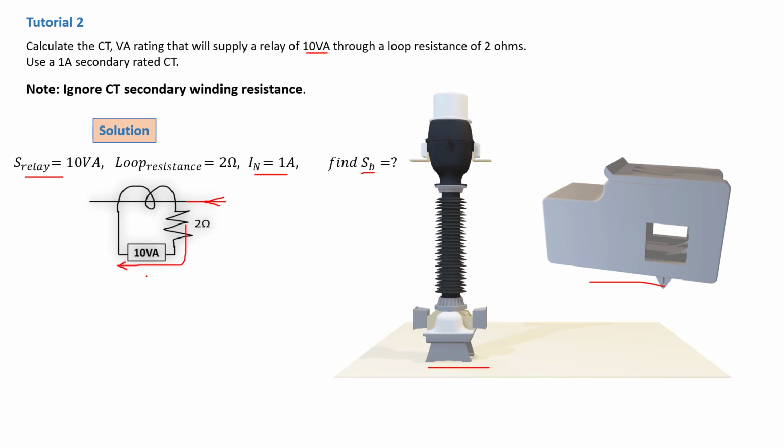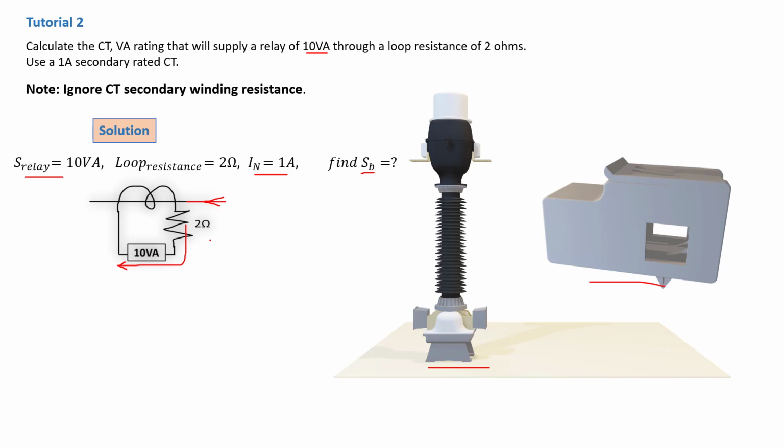In order to determine the total power rating of the CT, you need to add these two powers, because there is 10 VA of power and obviously power that will be wasted on the 2 ohm resistance.